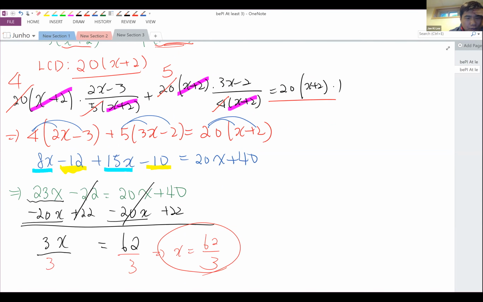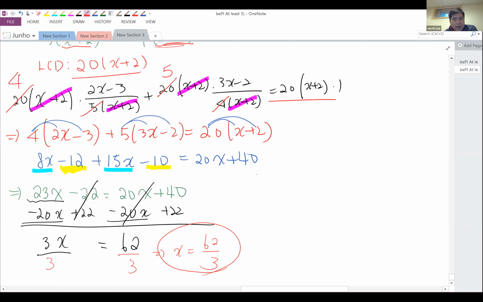So let's go over one more time. 4 times (2x minus 3) plus 5 times (3x minus 2) equal to 20 times (x plus 2). So I distribute: 8x minus 12 plus 15x minus 10 equal to 20x plus 40.